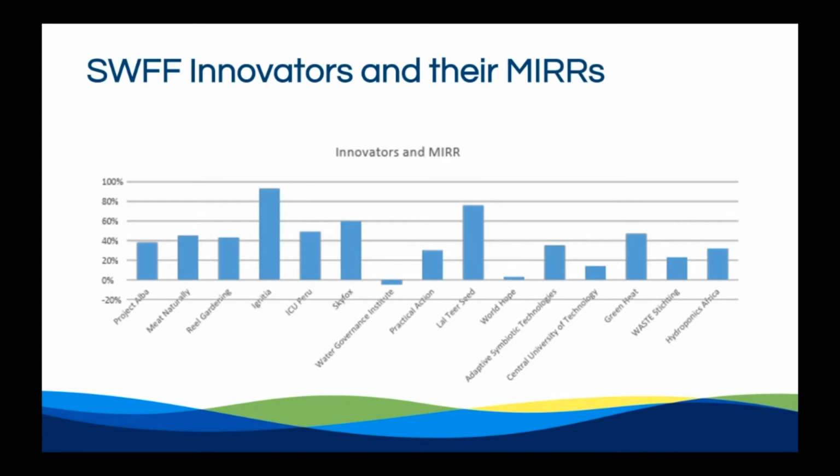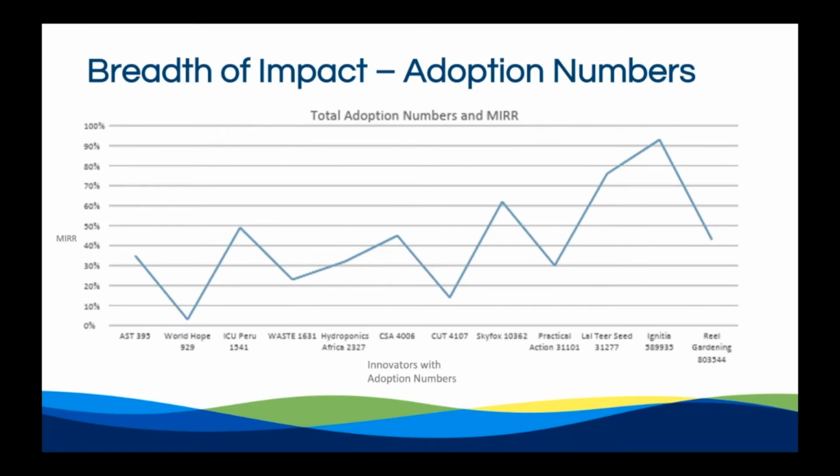And this is just a graph of the innovators against their SROR, social rate of returns. And this is a chart showing the breadth of the impact: the MIRR percentage on the left, and on the x-axis the innovator along with the number of adoptions, so the number of people who adopted the technology.